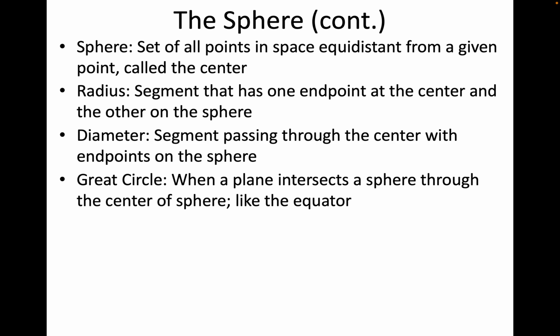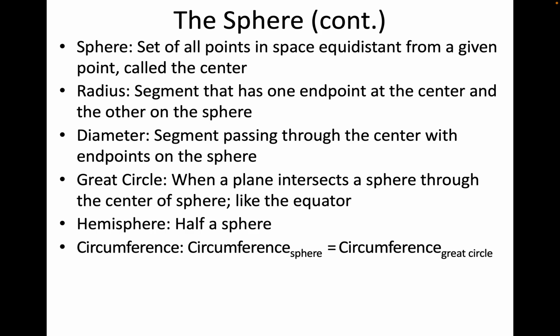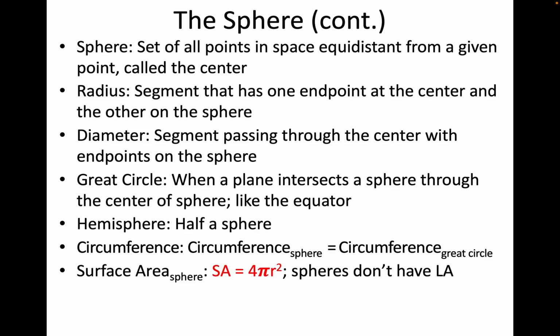Only the equator is the biggest circle you can get by intersecting a plane with that sphere, and that's why it's called the great circle. It's the biggest circle you can get within a sphere. A hemisphere is simply half a sphere. When we talk about the circumference of the sphere, we're really just talking about the circumference of the great circle. Those two things are equivalent.